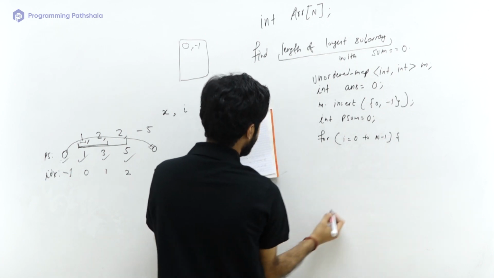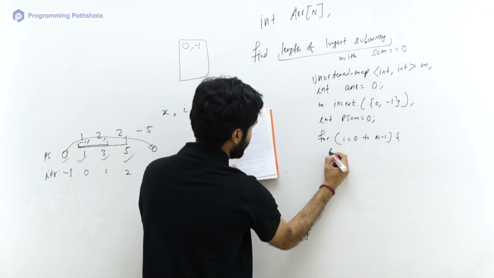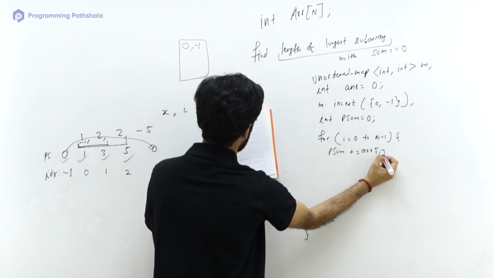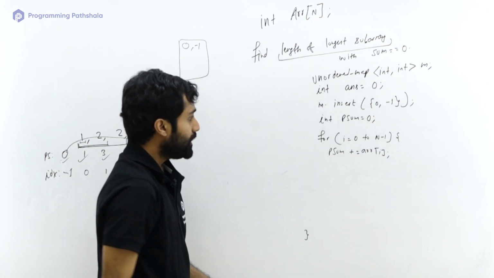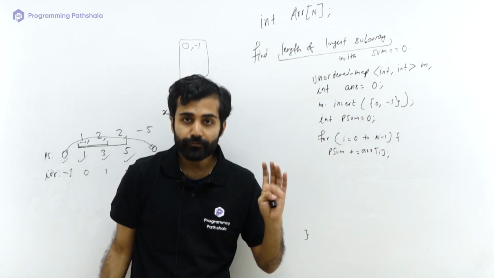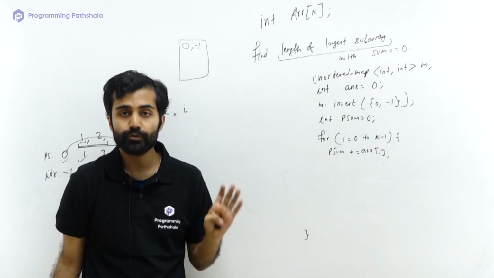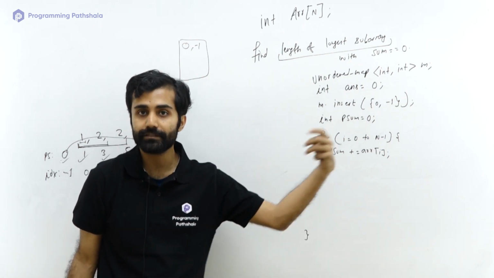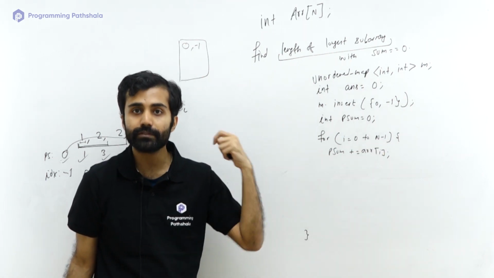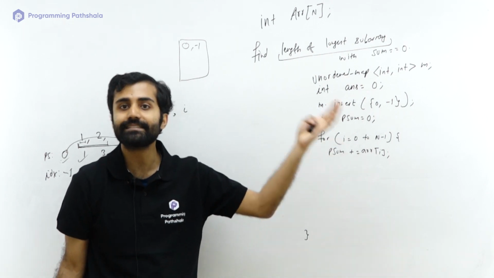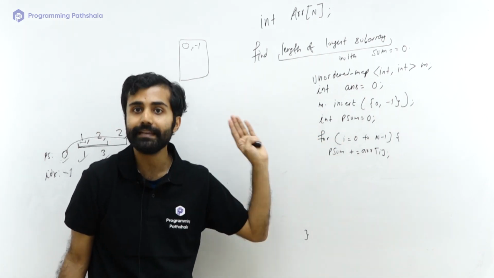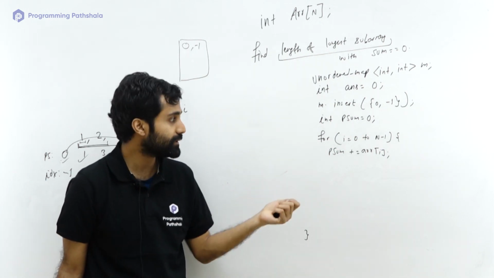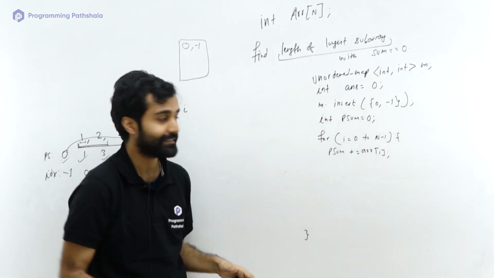My first step will be to update my prefix sum, which I can do very easily. And now, as I said, the first thing that you would want to do is check whether this prefix sum is coming for the first time or for the second, third or fourth time. If it is coming for the first time, it means it hasn't yet repeated, so there can't be any subarray ending there with a sum of 0. So if it is coming for the first time, I'll make an entry for it in the map.